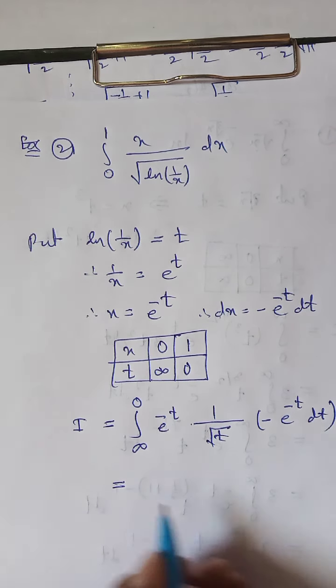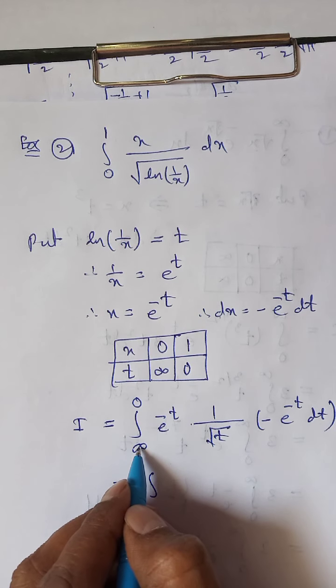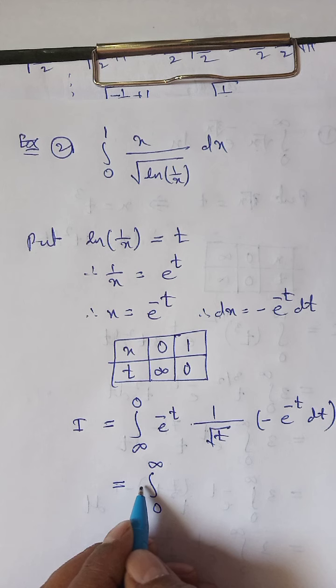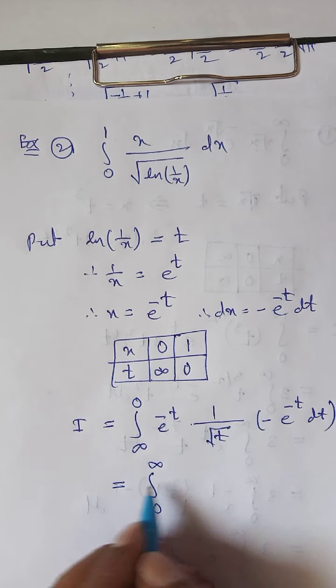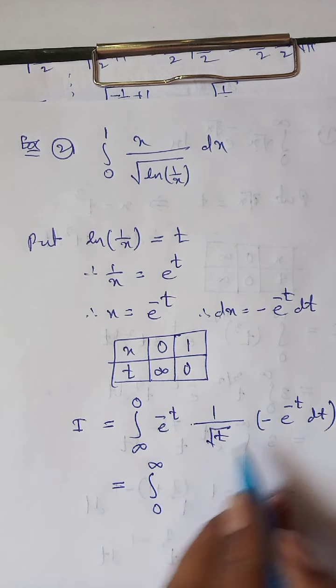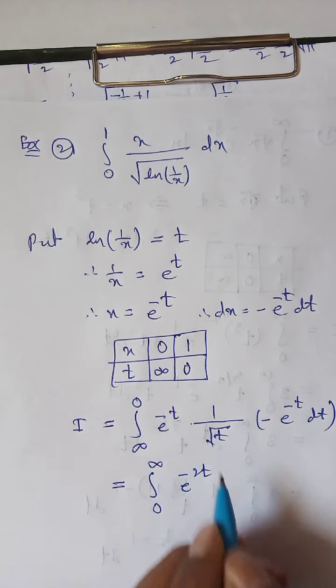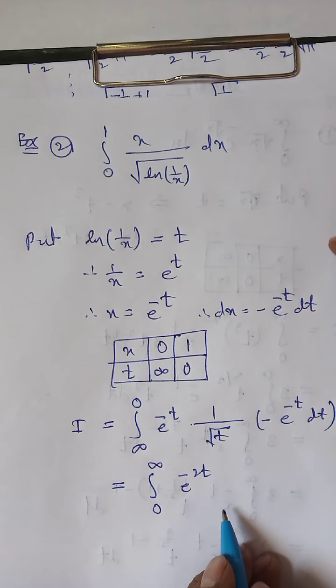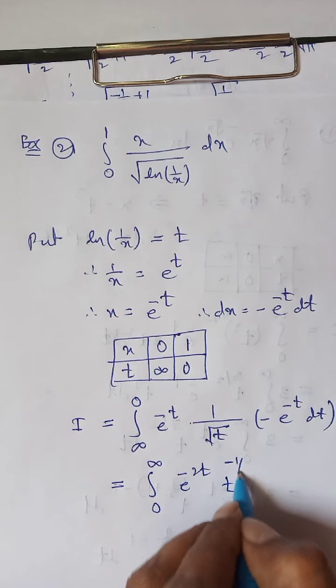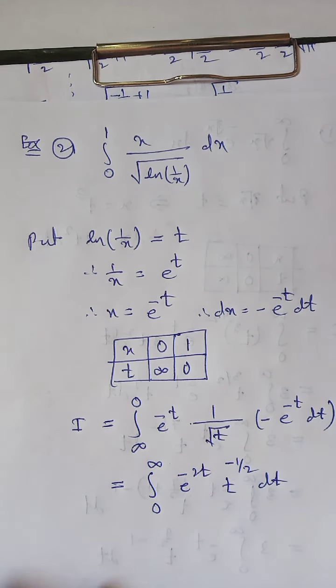So I can change these limits from infinity to 0 as 0 to infinity, and I'll attach a negative sign. So this negative and that negative will be positive. So we'll have e to the power minus 2t into 1 upon root t, but root t means t to the power half. So 1 upon t to the power half is t to the power minus half, into dt.